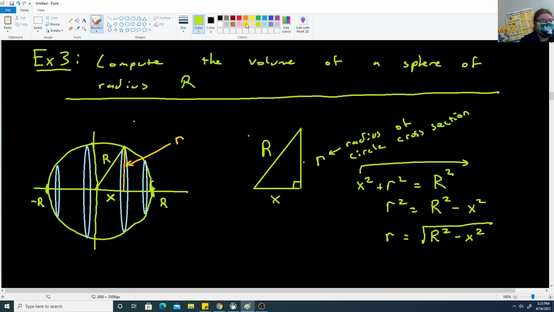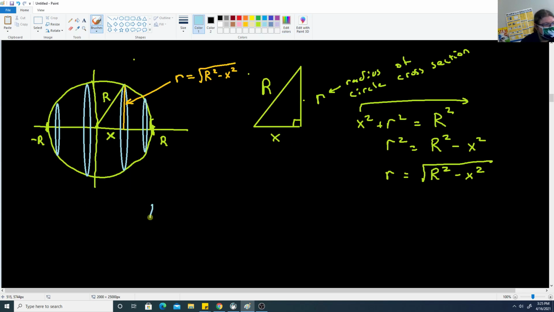Okay, so our little r here is the square root of capital R squared minus x squared. This is the radius of the cross-sectional area, which means when we go to set up the rest of this problem, the cross-sectional area itself, A of x this time because we're integrating from left to right along the x-axis, will be pi times little r squared.